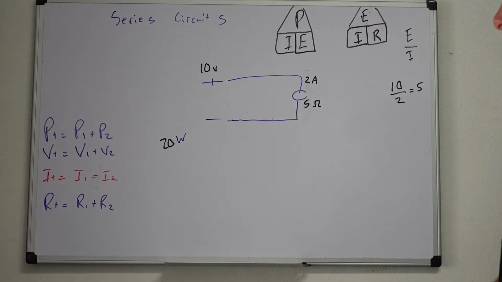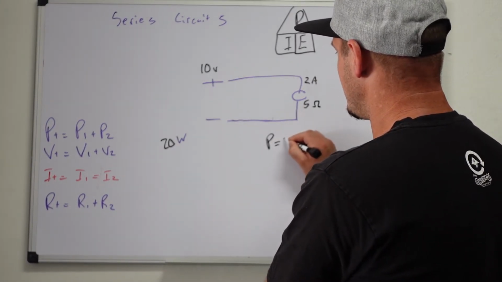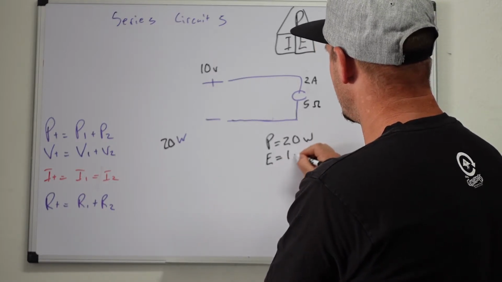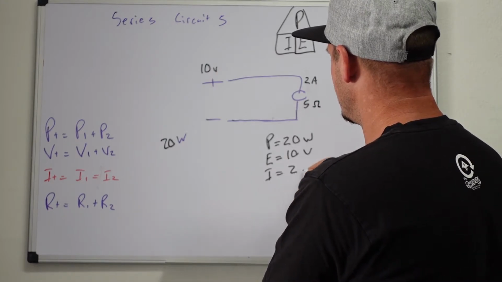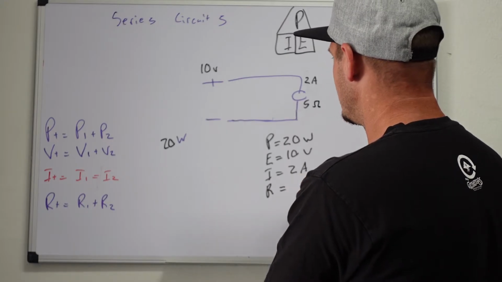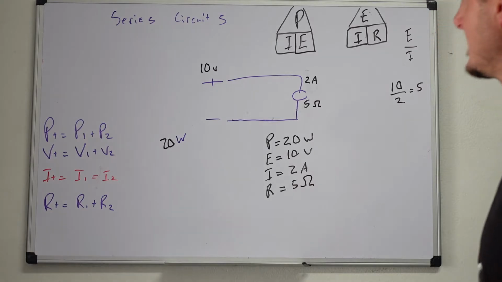Let's make sure that all checks out, right? So if P is equal to 20 watts, E is equal to 10 volts, I is equal to 2 amps, and R is equal to 5 ohms, let's make sure it all checks out.